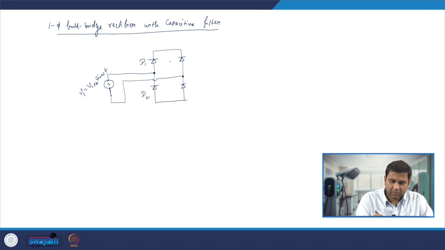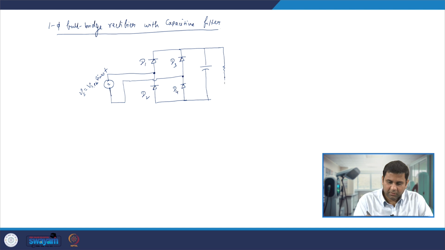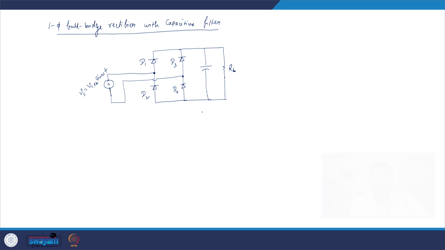At the output, it is not directly connected to the resistance; a capacitive filter is also connected, and then this is connected to the resistive load RL.